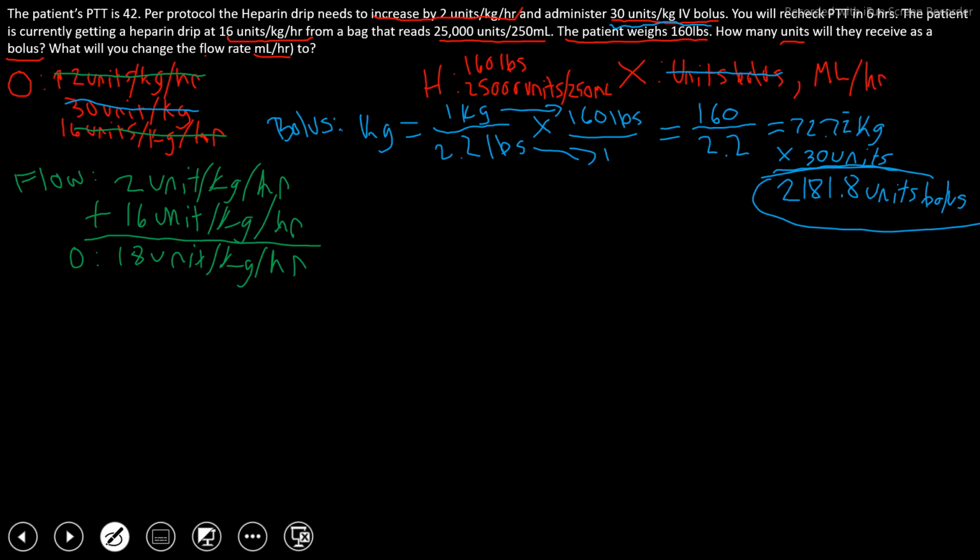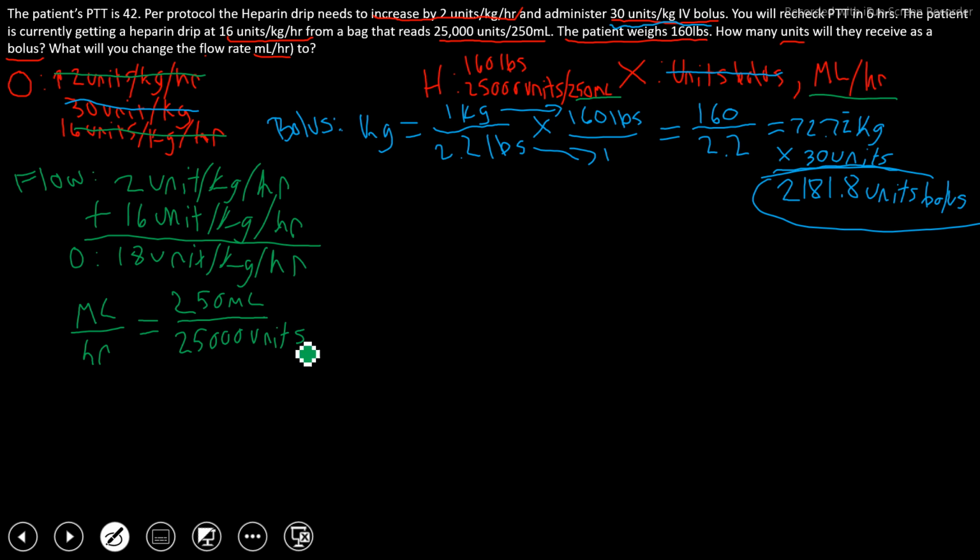Now let's get into dimensional analysis of it. So we want our ml per hour, so ml per hour here equals, let's find our ml, so okay, go up here, we have our 250 ml right there, so we're going to do 250 ml over 25,000 units.